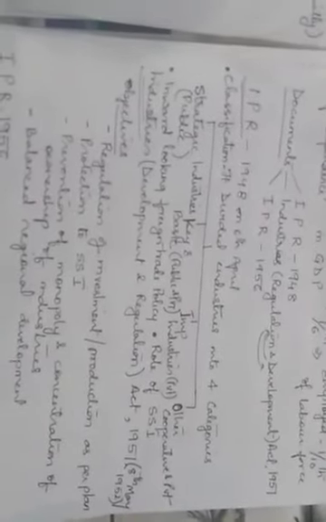I mean, it was owned by the public sector, but the industries which were owned by private people, the private sector, if they were established prior to independence or were already established, were allowed to continue production in the key and basic industries. I mean, there was no restriction on the already set up industries, but new industries were not allowed to set up in the key and basic industries under private ownership.